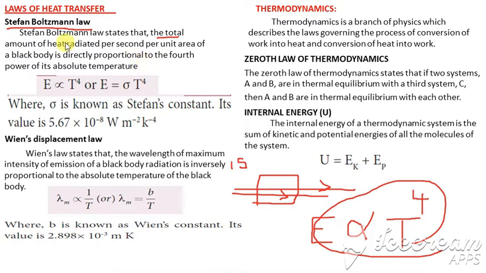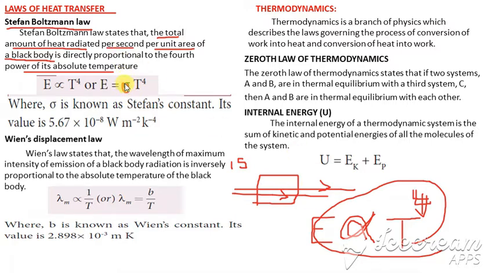Okay, so it is the total amount of heat radiated per second per unit area of a black body. You are considering a black body, and that is proportional to the fourth power of absolute temperature. Okay, so we are writing this E proportional to T power 4. Now to remove the proportionality, we are introducing a constant.